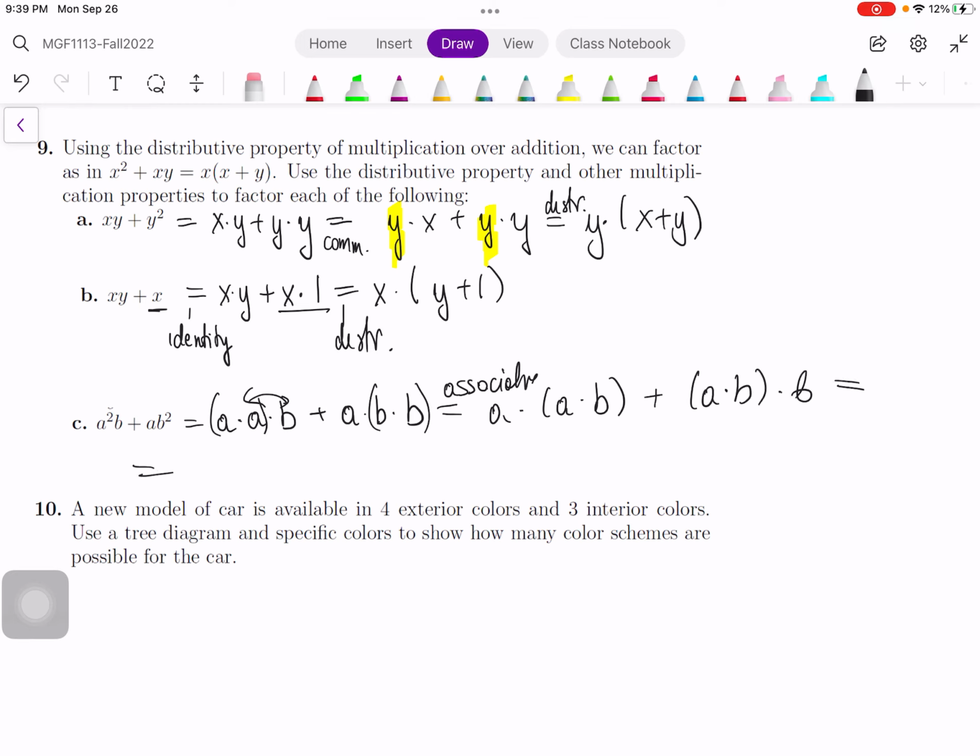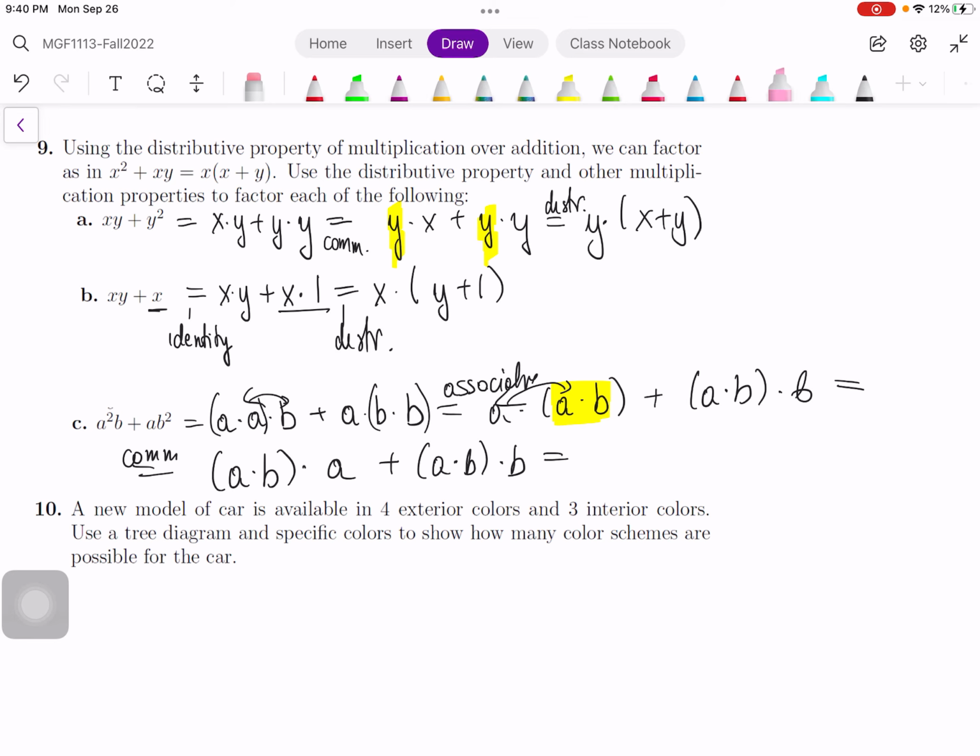Now let's move this AB in front. So I switch the order using the commutative property. So A times B goes first, and here A times B, I like how it is in front.